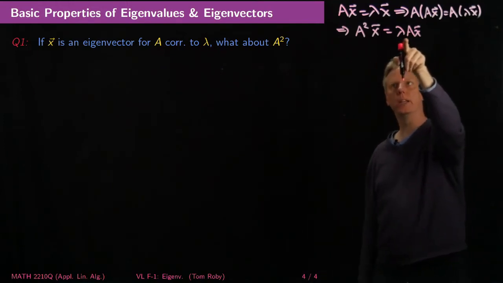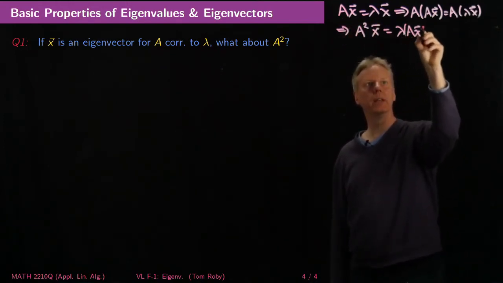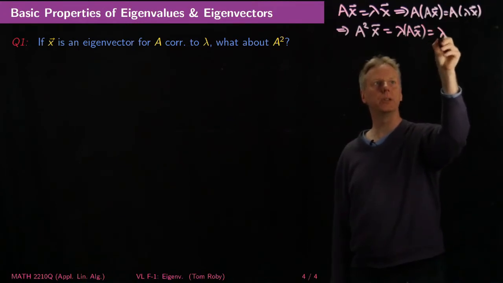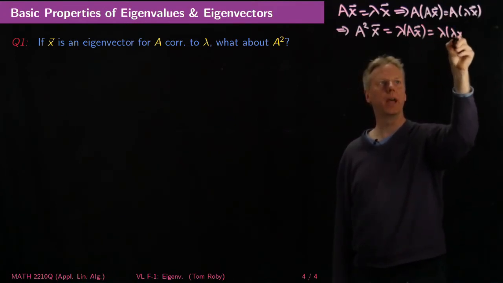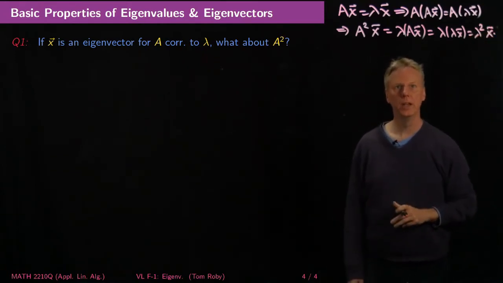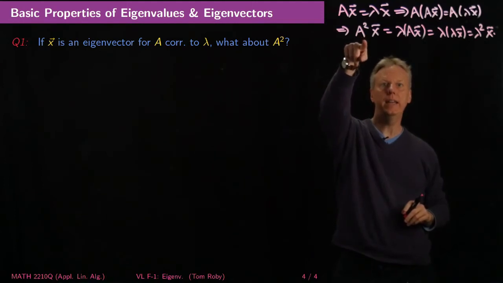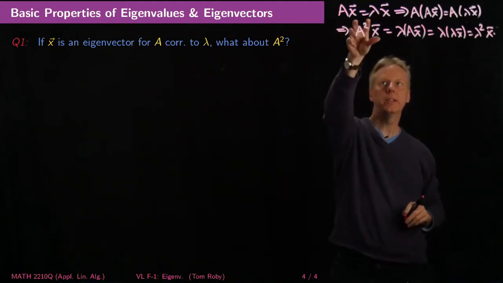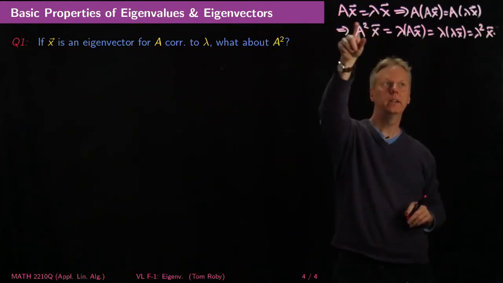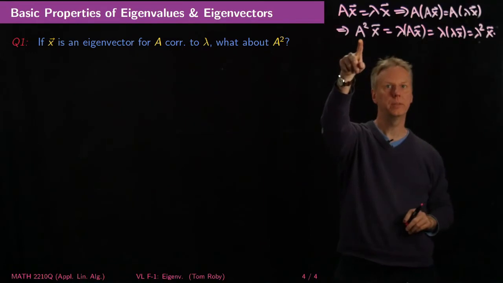But now, I know that Ax is equal to lambda x, right? So this is lambda times Ax, which is equal to lambda times lambda x, which is equal to lambda squared x. Okay? So this simple chain of equalities shows me that if lambda is an eigenvalue for A, then lambda squared is an eigenvalue for A squared.